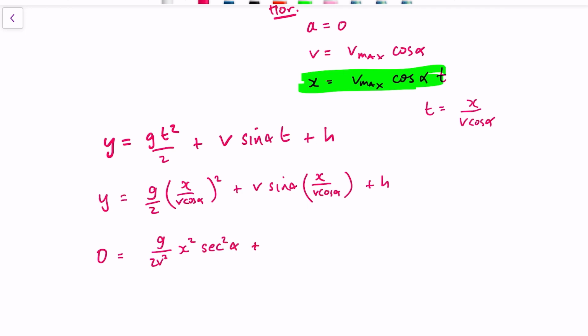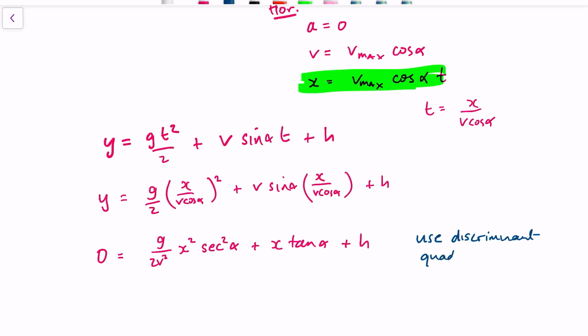The next term, I've got sine over cosine there, and the v's cancel, so I've got x times tan alpha, and then I've got plus h. Now actually, looking through some of the solutions to this problem, I said from the outset I'd just cover one, but at this point in time you can actually use the discriminant, because it's a quadratic equation.